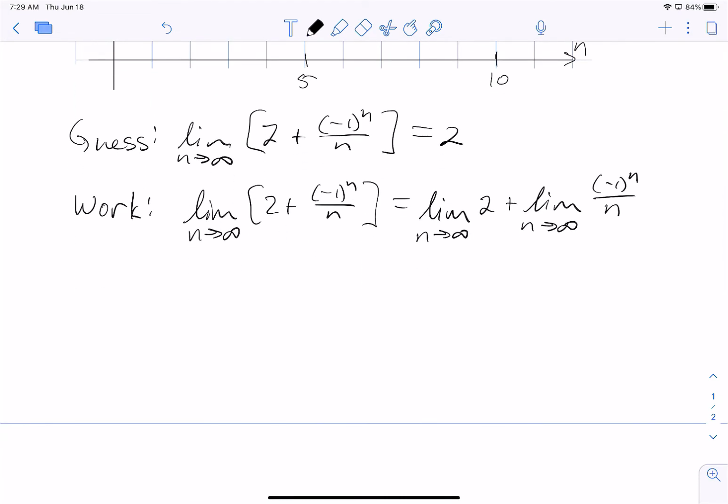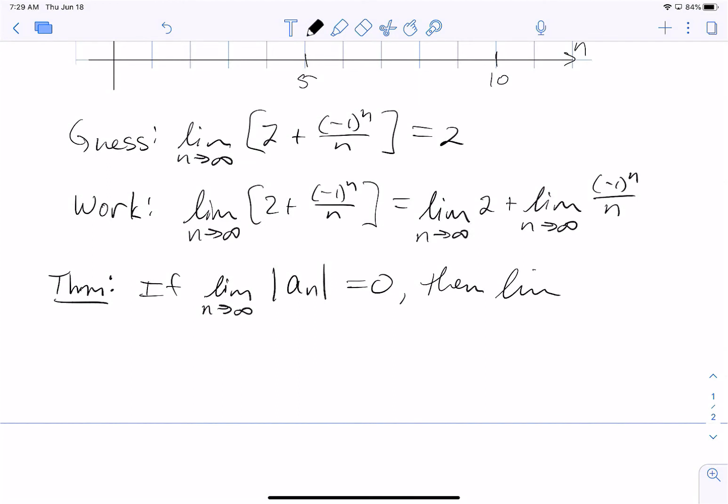At this point, I'll show you what I mean when I said we'll bring in the theory as we need. There is a theorem in our textbook that says that if the limit as n approaches infinity of the absolute value of a sequence a sub n is equal to 0, then the limit as n approaches infinity of a sub n, without the absolute value, is also equal to 0.